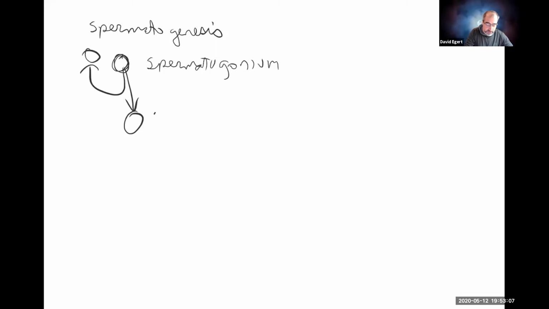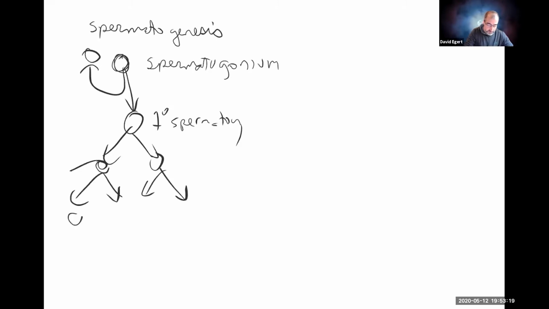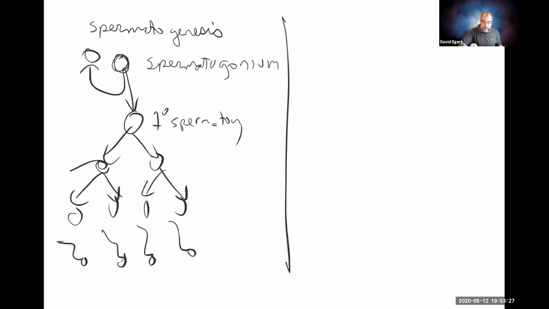Then we had a primary spermatocyte committed into meiosis, which went through two cell divisions, and we ended up with four genetically unique haploid sperm. That was the whole deal, and it just goes on and on. Every time a spermatogonium commits one daughter cell into spermatogenesis, it replaces itself, so there's another one ready for the next round.